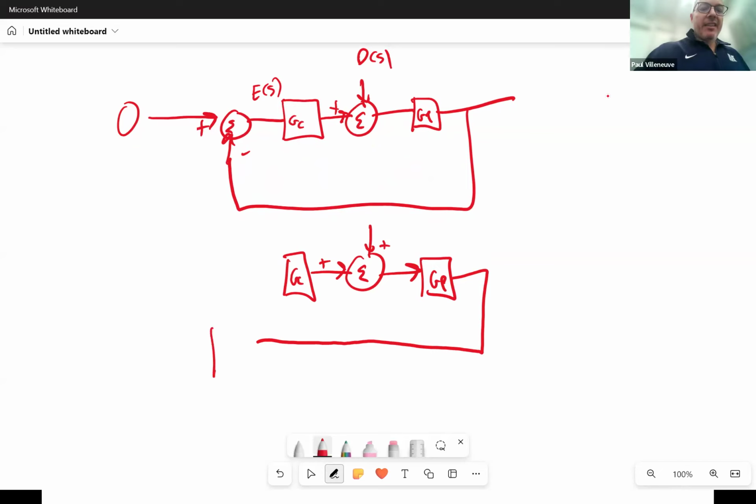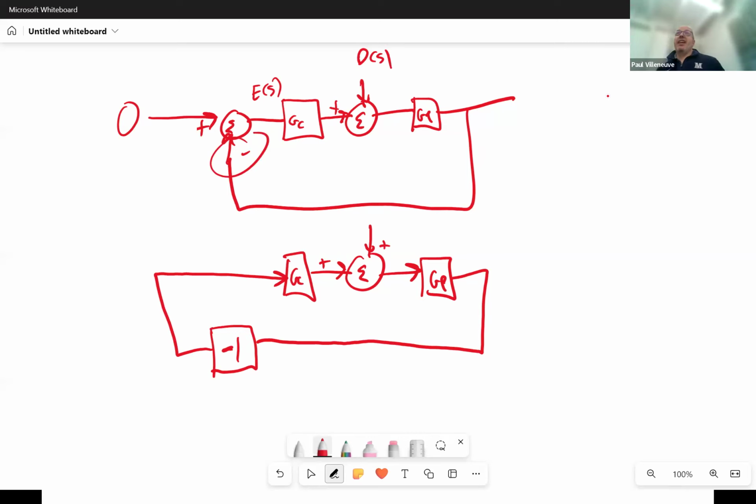So instead, let's just make that a -1 and bring that over here. Same thing, right? Because when this is 0, that means I'm subtracting that number. So I'm taking the negative of that number. I'm multiplying it by -1. So now I have this -1. I can either make this a -1 or make that a -1. That's all we're doing.